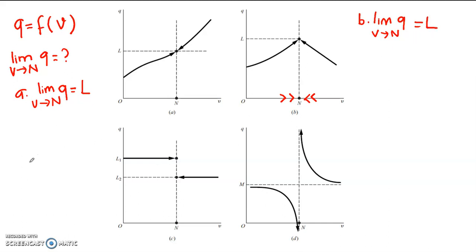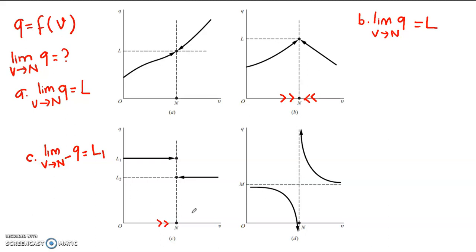And let's see the third curve here. It is disconnected at n. So if we look as v approaches n, but remember v is not equal to n, from the left side, v approaching n from the left side, the function equals L1.